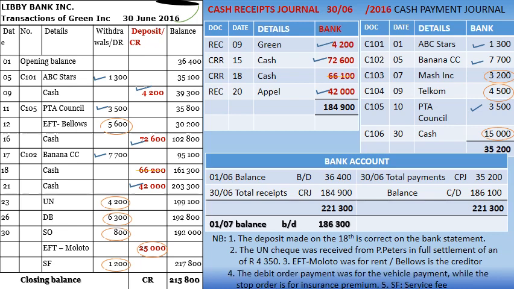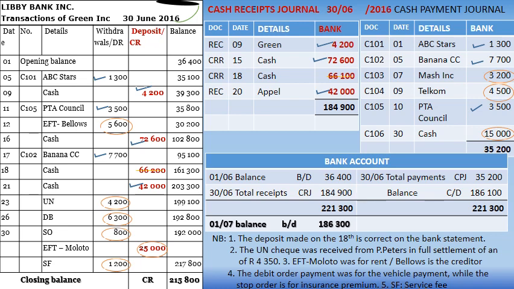The debit order payment, which is the DB, was for the payment of the vehicle, while the stop order was the payment for an insurance premium. The SF means the service fee charged by the bank.